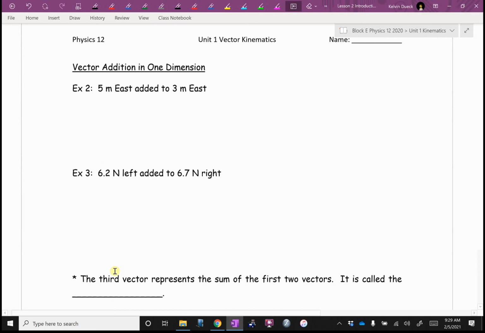So, how would you add 5 meters east to 3 meters east? Don't overcomplicate it. This would be 8 meters. I usually put an at symbol and then east, and the reason is, what's the abbreviation for north?